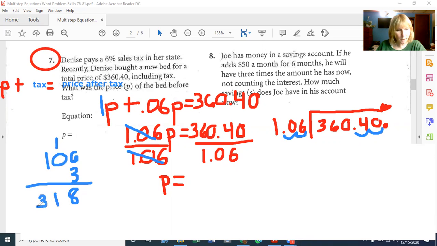That's 318. And I'm pretty sure if I did 106 times 4, I would be over, because that would be over 400. So it's going to be 3 times. Let me put that in there in red here. I'm going to put it over the 0 because I went into 360. So 106 times 3 is 318. And then I'm going to subtract.